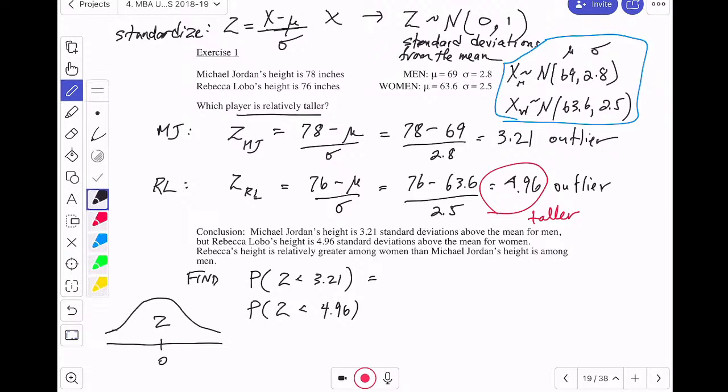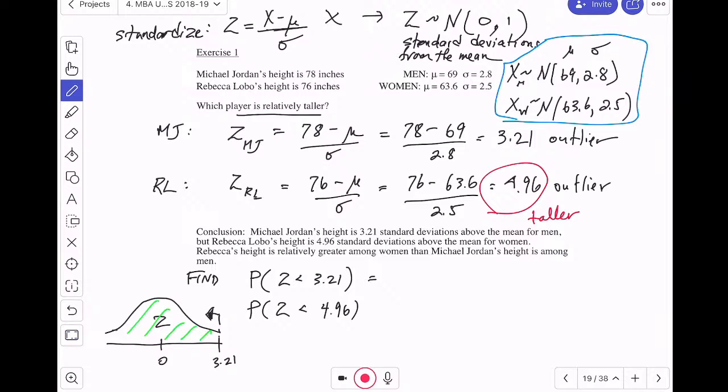So 3.21 is 3.21 standard deviations from the mean. If I want to know this, I need to go to the standard normal table, and see what that is.